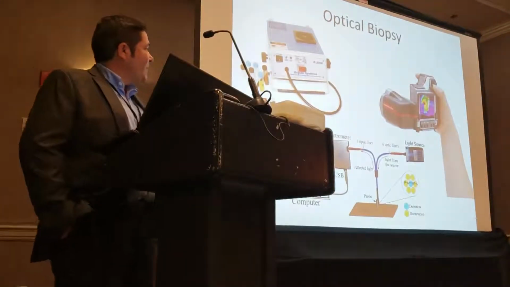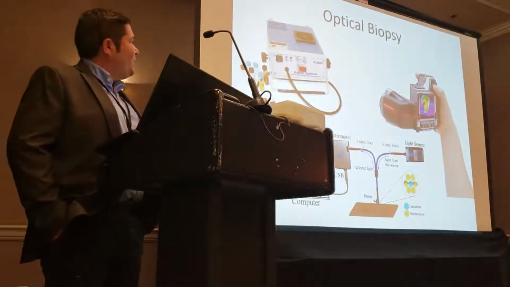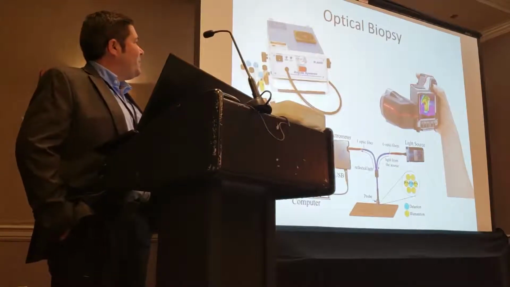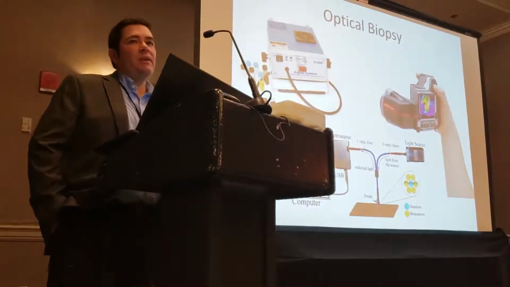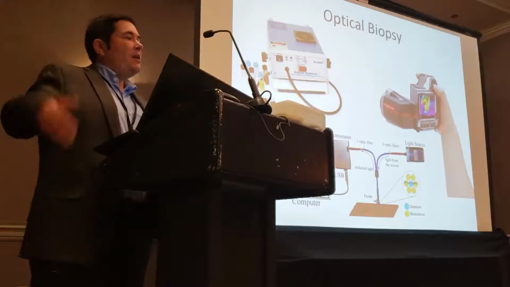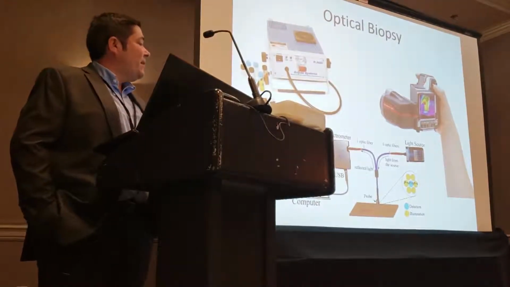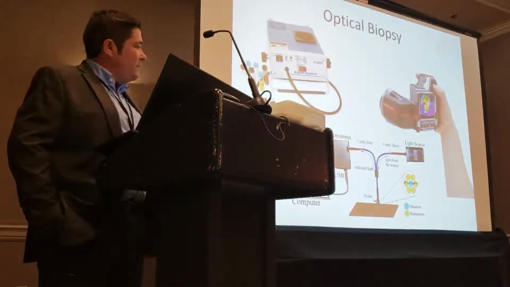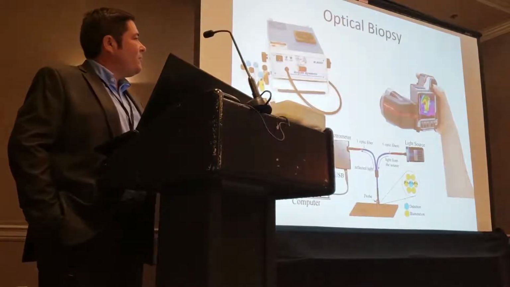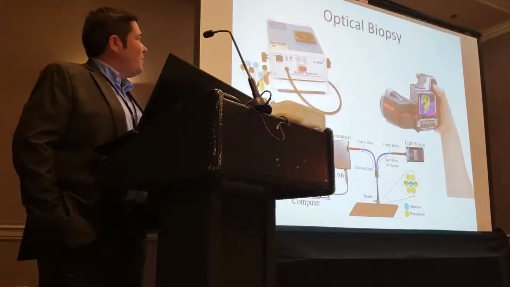Basically, the main goal is to advance the technology, which is usually called an optical biopsy. Usually when you want to see if a piece of tissue has a disease or not, they take out that tissue, look at it in the microscope, and see if there's something wrong with it.